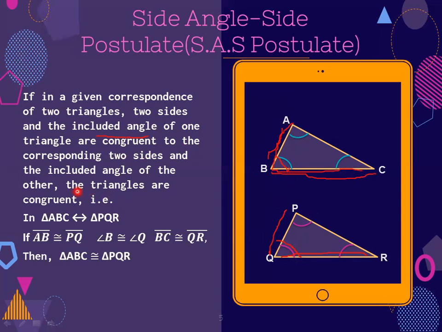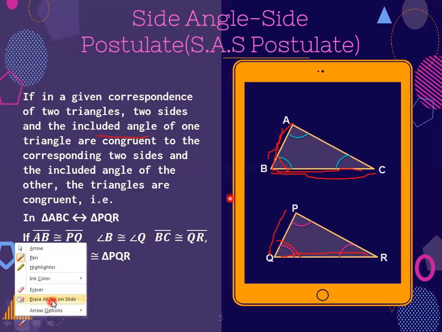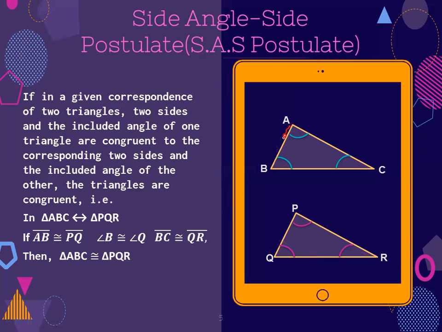So you will say that the triangles are congruent when the two sides and the included angle of one triangle correspond to the two sides and included angle of the other triangle. This is called the side angle side postulate, meaning side, then angle, and then side.